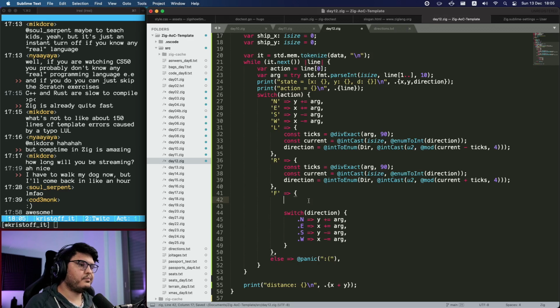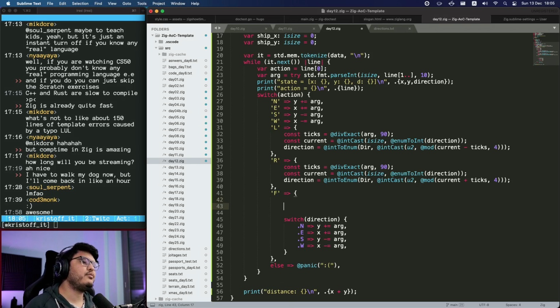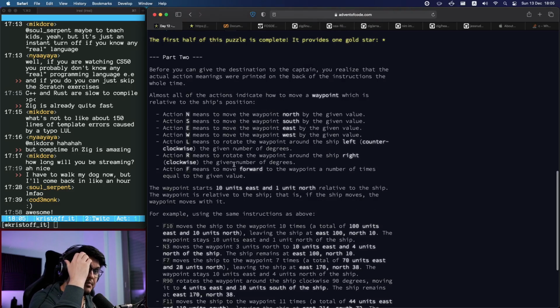Okay. So what is it that we do before? Now this means how many times the vector we need to move. So I guess we can do, also the vector is always relative to the boat.